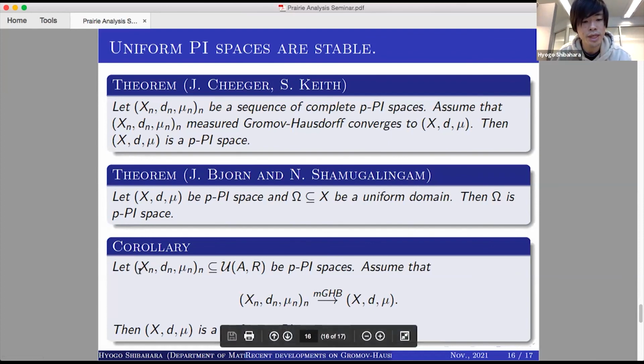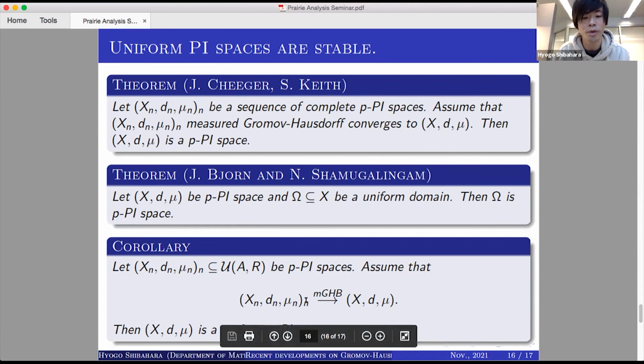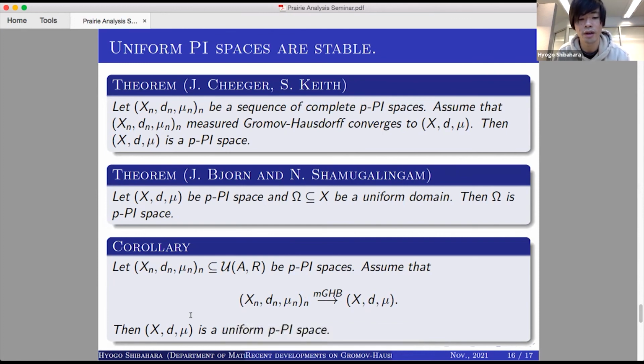If we have a sequence of metric measure spaces that are uniform and also PI spaces, and if we assume that (X_n, D_n, mu_n) measured Gromov-Hausdorff converges to (X, D, mu) with boundary, then we can prove that (X, D, mu) is also a PI space, a uniform PI space.